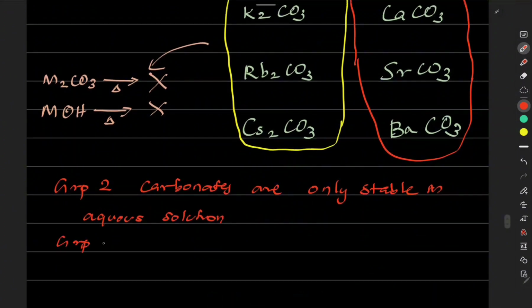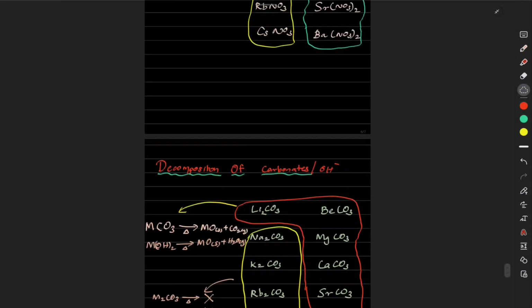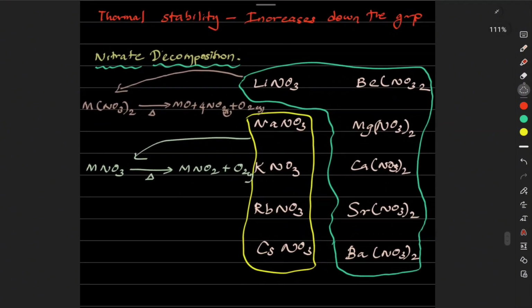And group 2 carbonates are not stable at room temperature. These are two important points. The NO2 is reddish brown in color.